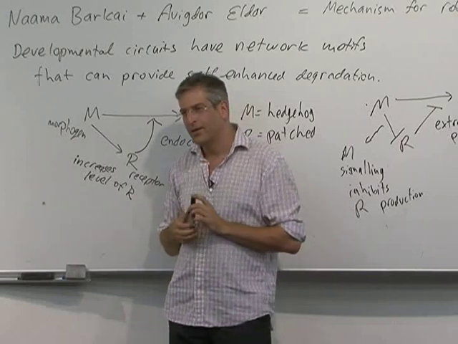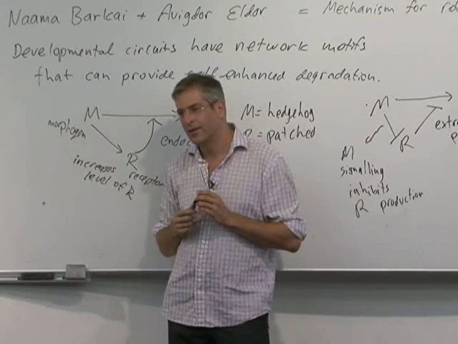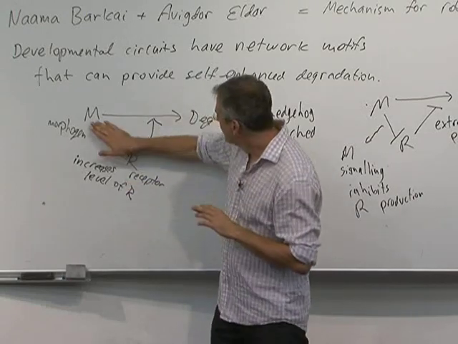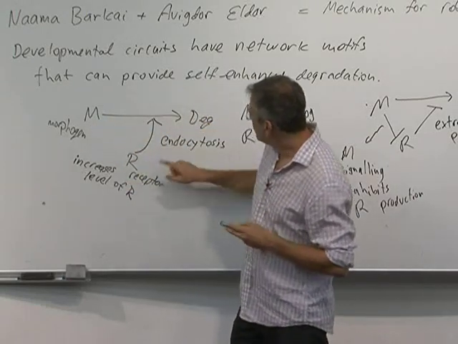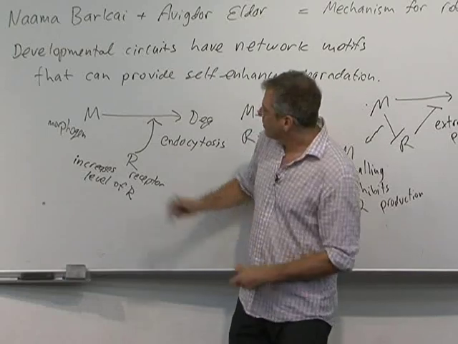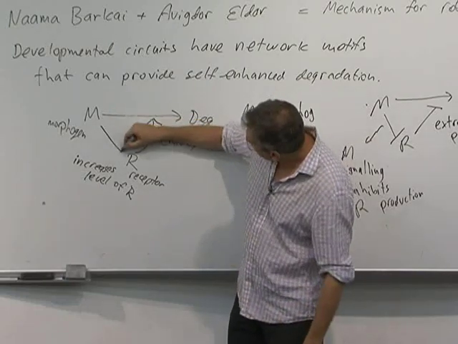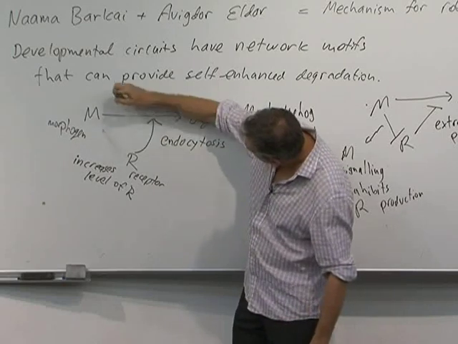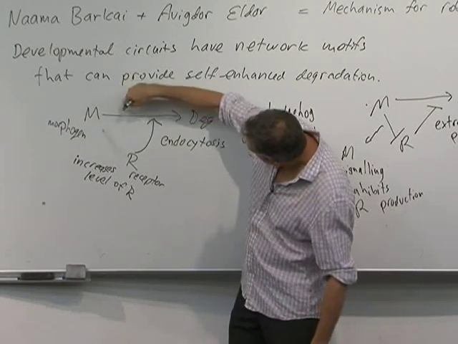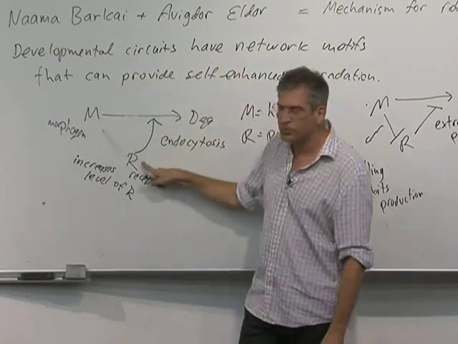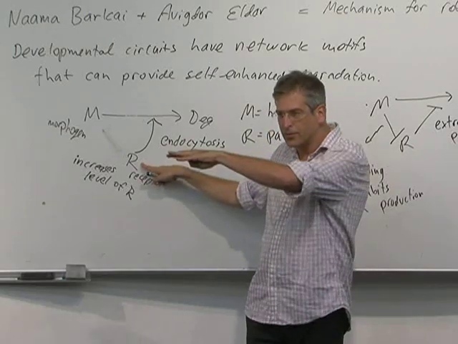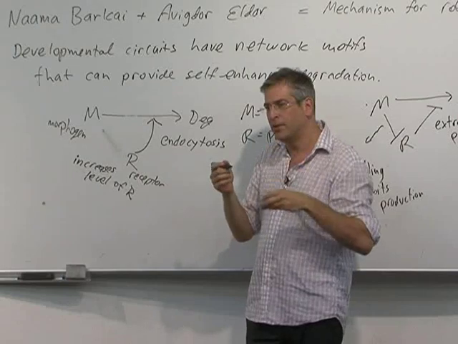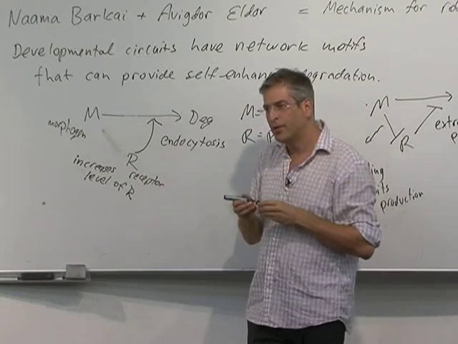But I guess what I'm asking is, is the endocytosis enough by itself, without the increase in the level of R, to give self-enhanced degradation? Yeah. If we don't have this arrow, then the morphogen destruction rate will depend on the concentration of receptor, and that's constant throughout the field. So the destruction rate won't depend on the morphogen itself.